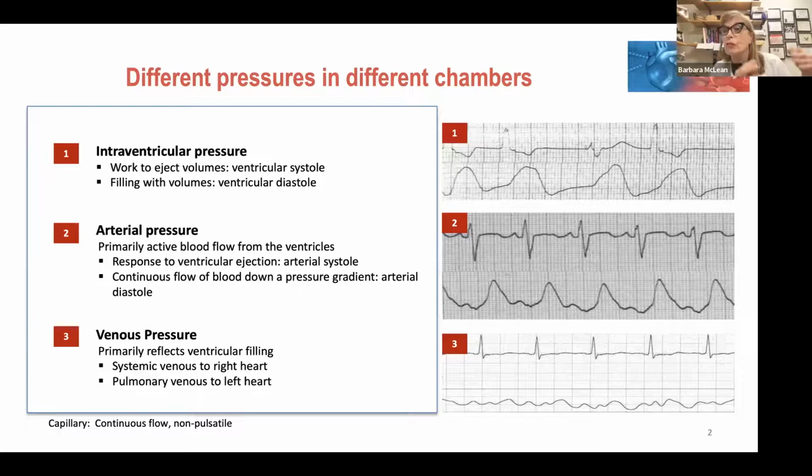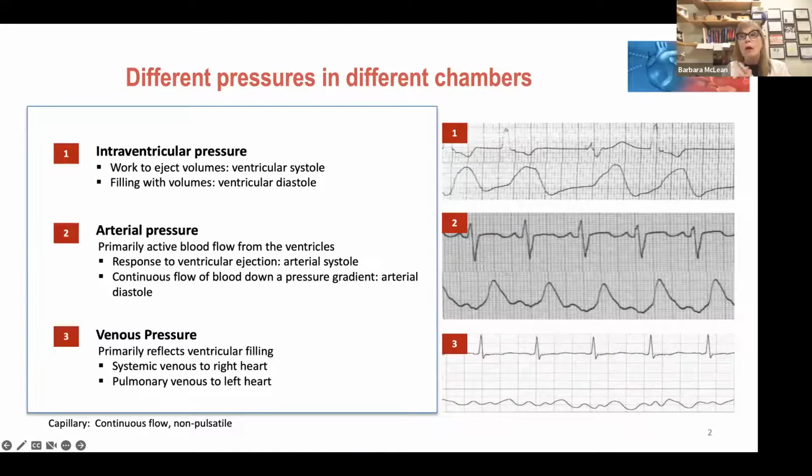For the left ventricle, that'll be the aortic valve, and for the right ventricle, that will be the pulmonic valve. That inscribes what we call the dicrotic notch. So you have a big ventricle ejecting into an artery, and then the valve closes, and you have a little bit of a flux up in the pressure there, and then ultimately down to diastole. So systole, dicrotic notch, diastole.